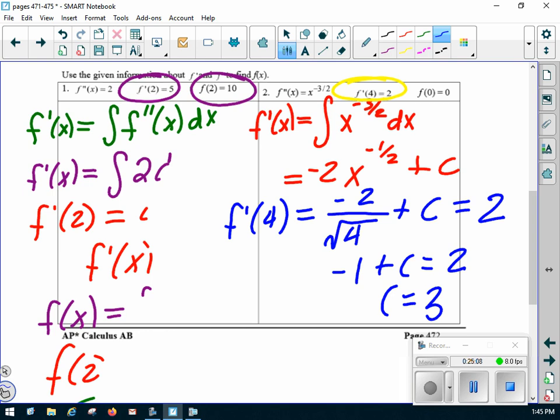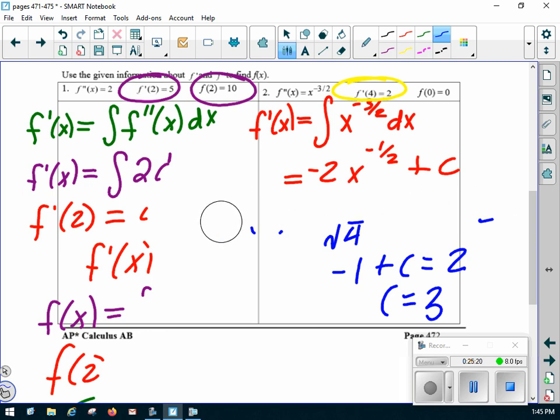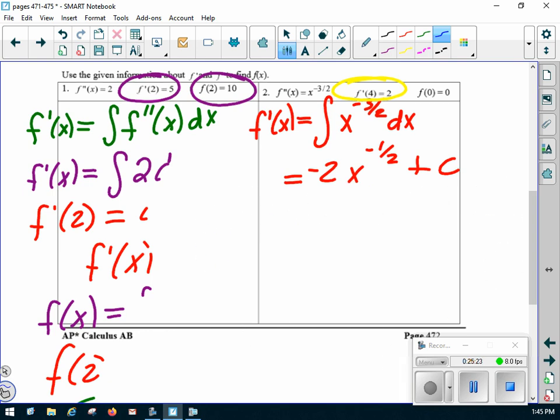So c is 3. Tell me if I start going too fast. I'm not known for going too fast, but now and then I might. I don't talk fast enough. I'm going to erase this. So f prime of x is negative 2x to the negative 1/2 plus 3.